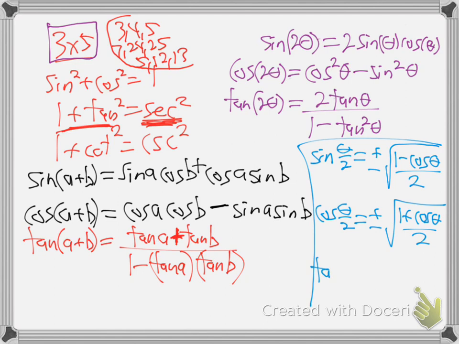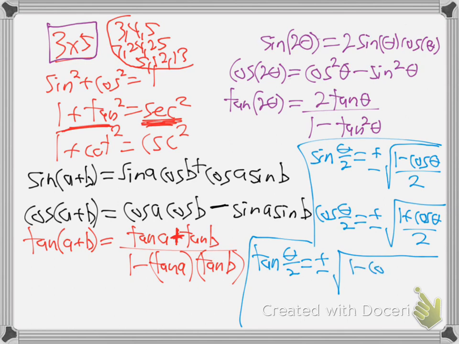And tangent of theta over 2 is plus or minus, running out of room, let me move it over. Tangent of theta over 2 is plus or minus the square root of 1 minus cosine of theta over 1 plus the cosine of theta. So there they are.